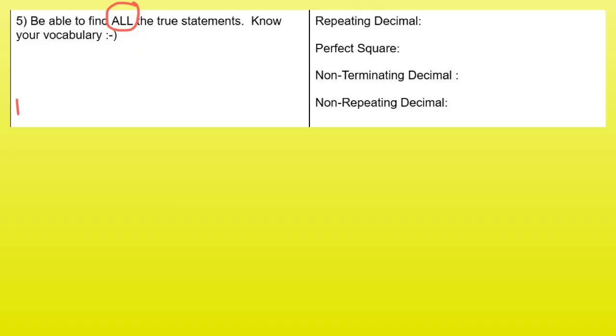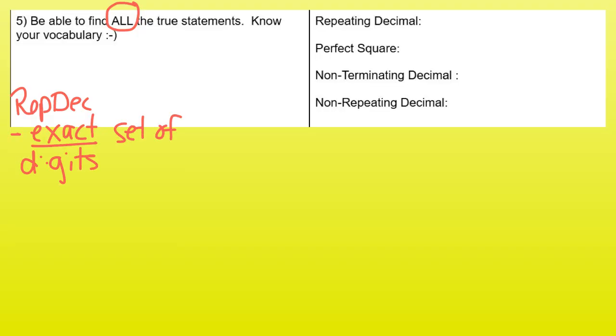So I'm going to put repeating decimal over here. A repeating decimal means that I have an exact, and that's super important, an exact set of digits that repeat until the end of time.